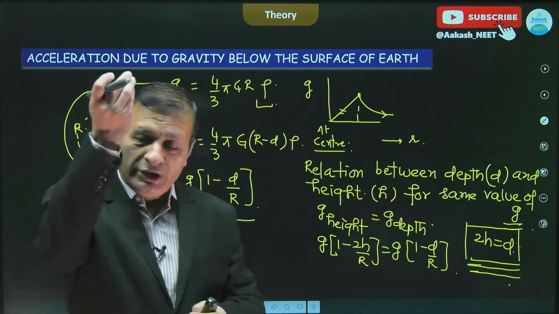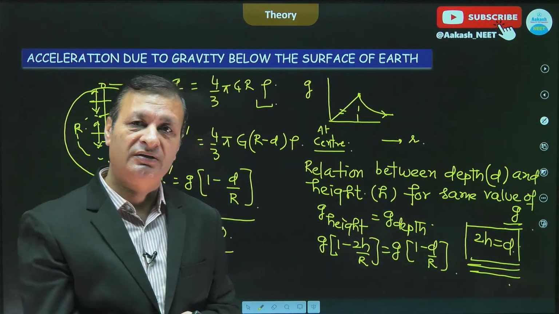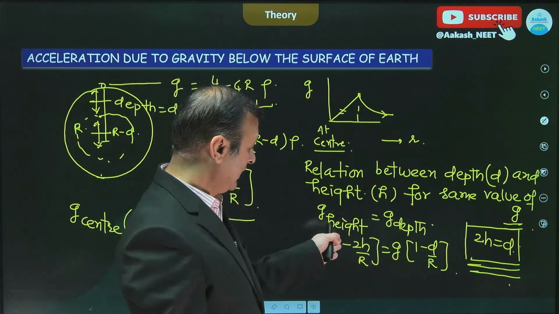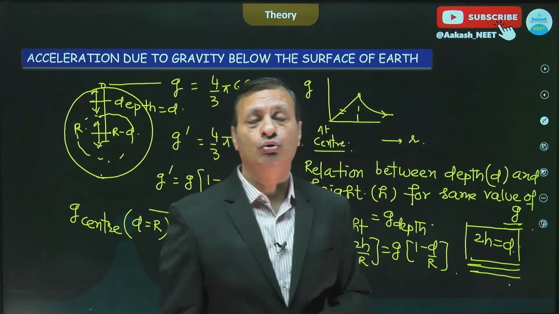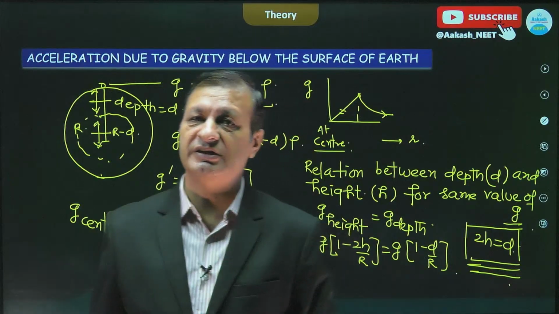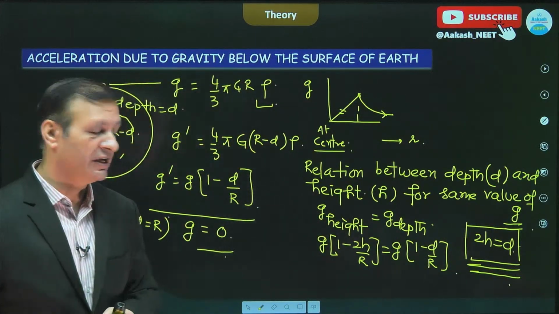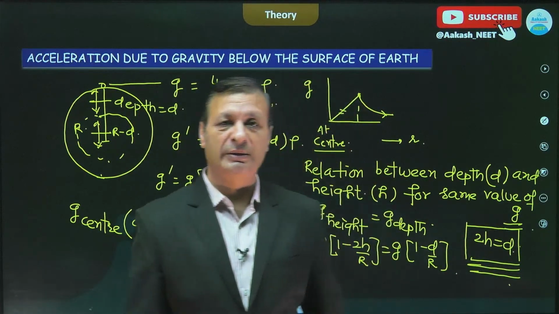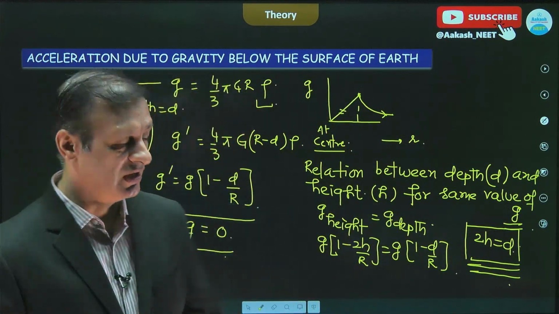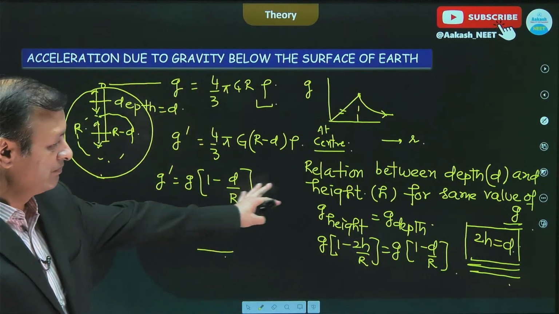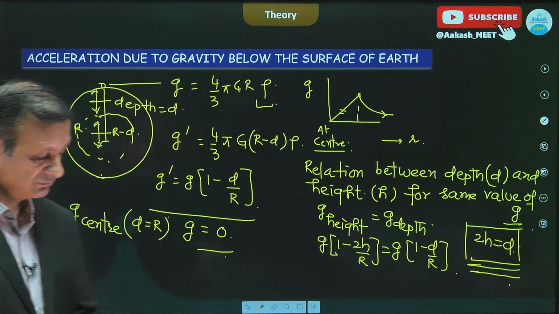So if you are going d inside, you have the same value of g as you are going 2 times the height. So value of g would remain the same at these 2 positions. So this is very important, and this shortcut can be used for varieties of numericals if they ask you the relation for the same value of g, that is the relation between height and depth.